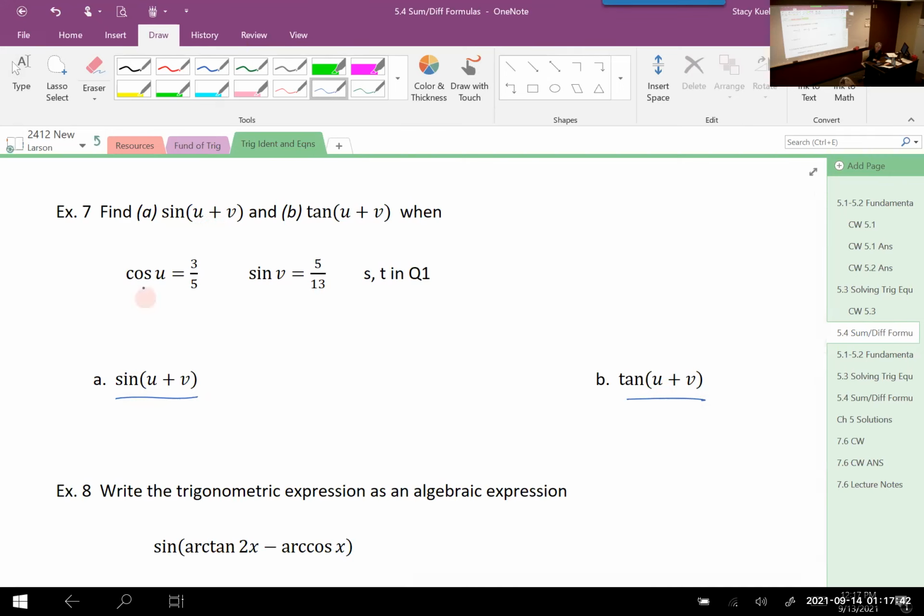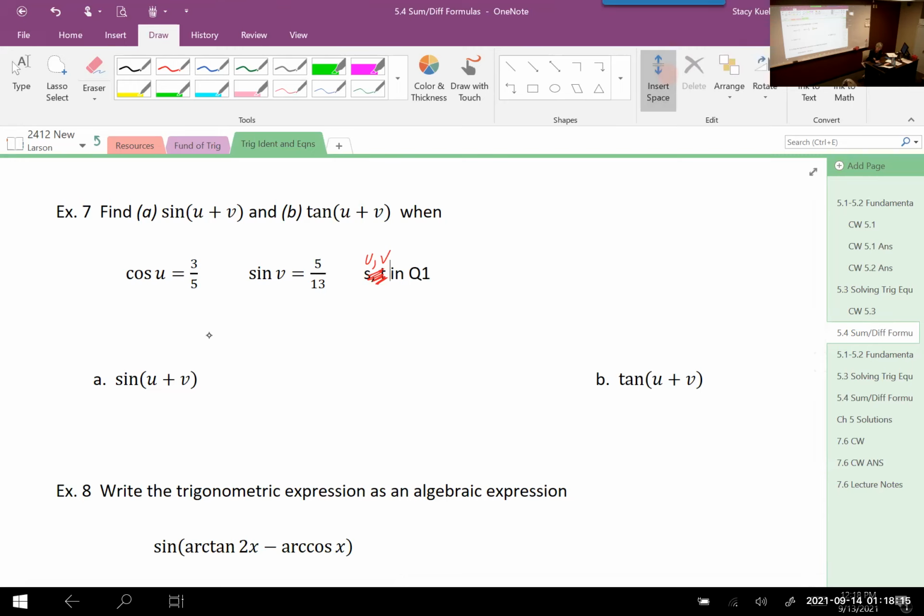What I'm told is that the cosine of u is 3/5, the sine of v is 5/13, and my angles u and v are both in the first quadrant.